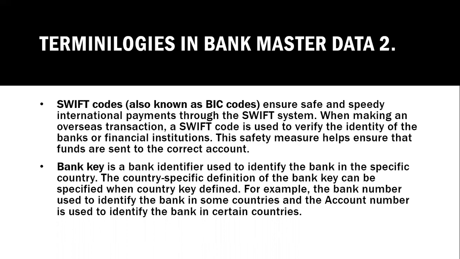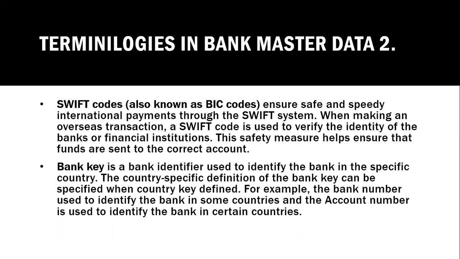So also in SAP, in the bank master data, you have to provide the SWIFT code for a particular bank account you create. The next is the bank key. The bank key is a bank identifier used to identify the bank in a specific country. We actually talked about that. The country-specific definition of the bank key can be identified when a country key is defined, so when creating, you have the opportunity of defining your country key.